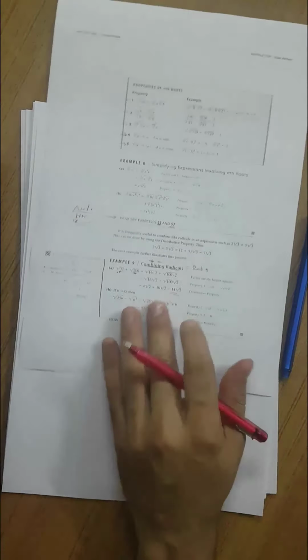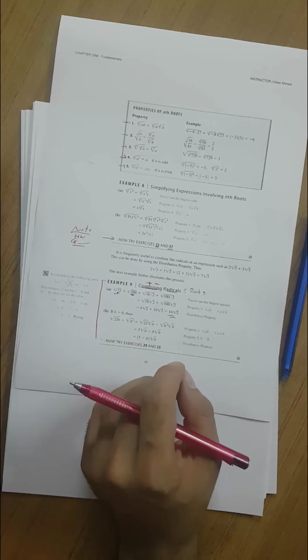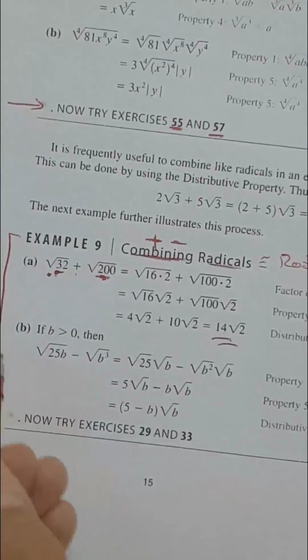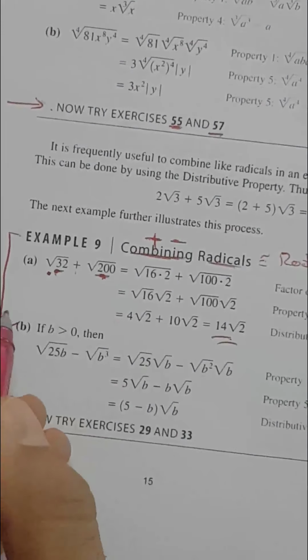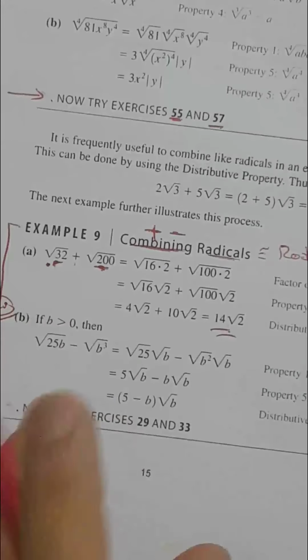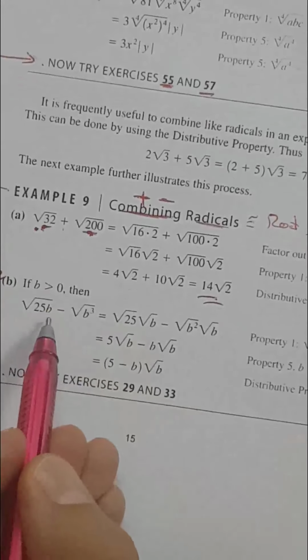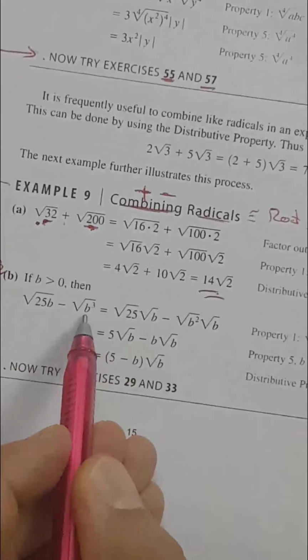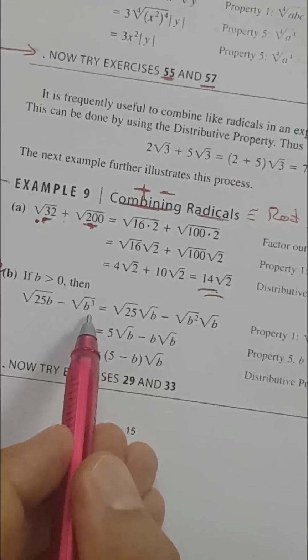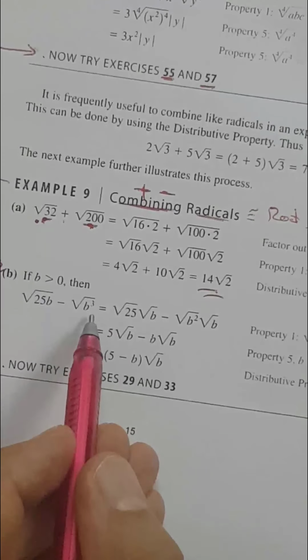I clarified all the steps for you. Now you should solve this one as homework, with the same steps. Or it's okay, I'll do it for you. Now I have 25b, and a cubic of b, so square root of b cubed. How do we solve this one?